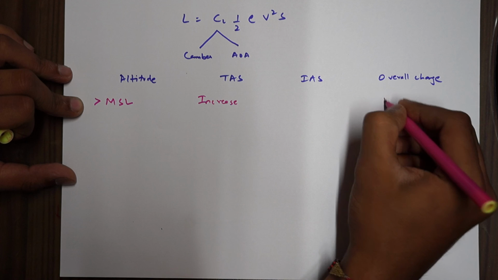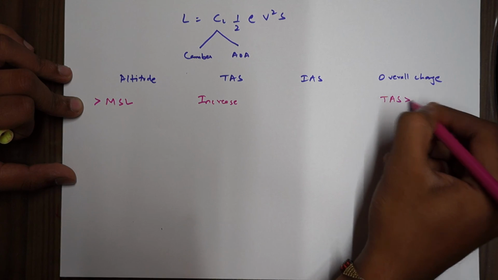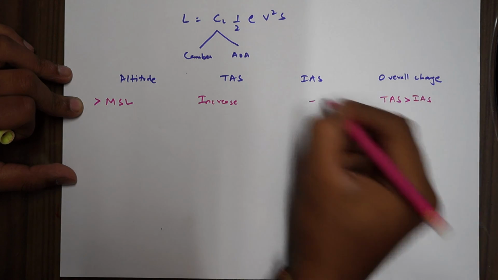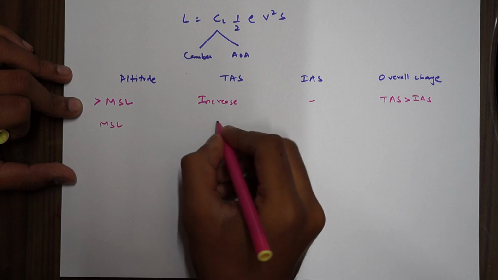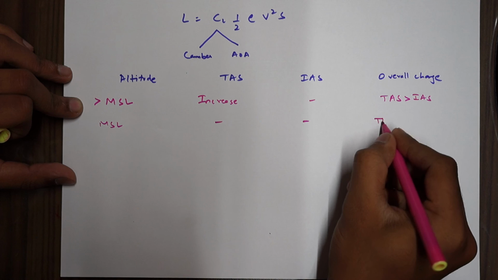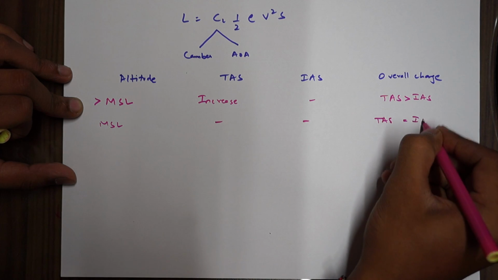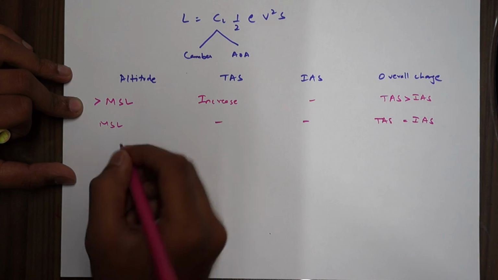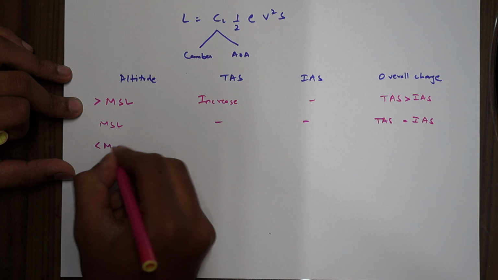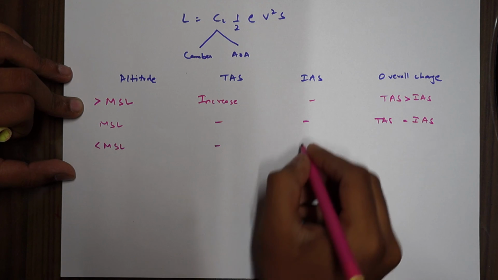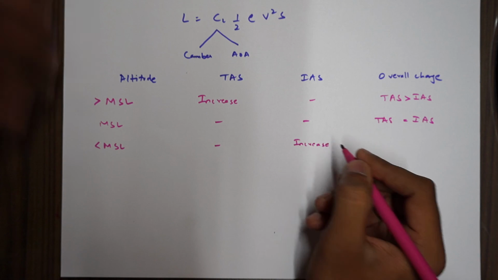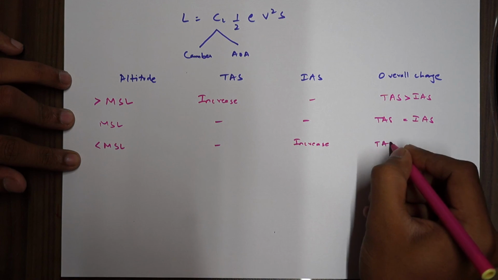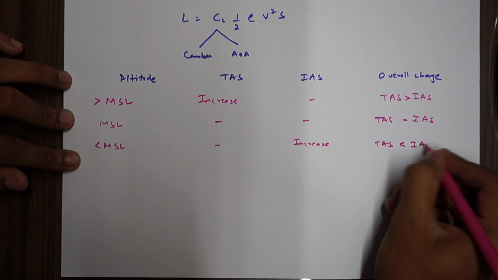Okay, and overall TAS will be higher for a same IAS. On mean sea level, both will remain same, TAS equal to indicated airspeed, and below mean sea level, your IAS, indicated airspeed, will increase. This will lead to TAS less than indicated airspeed.